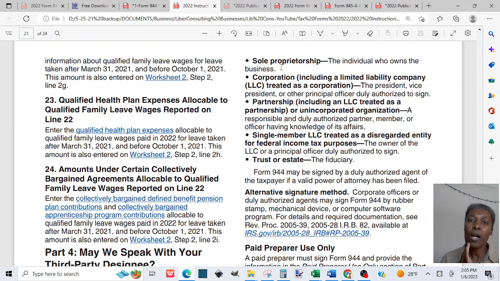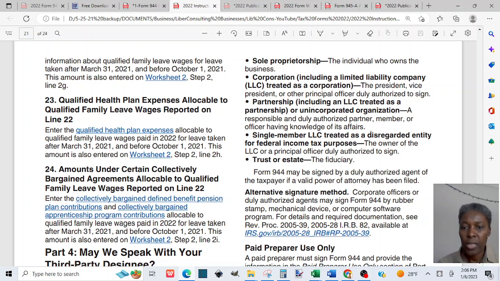If you are an LLC taxed as an S corporation, or you're an S corporation, any officer of the business can sign. By officers, I mean the partners that are working in the business. Any one of them can sign, and their name and title will be on the form.